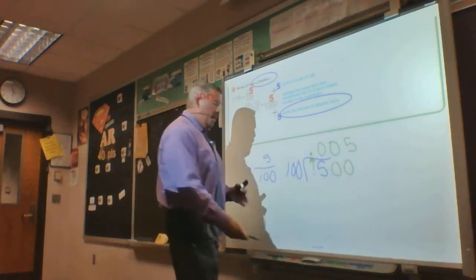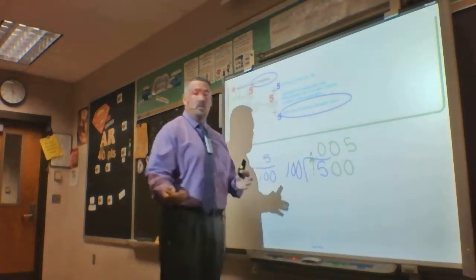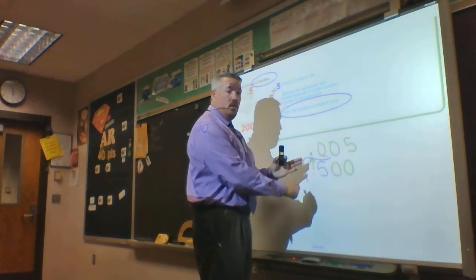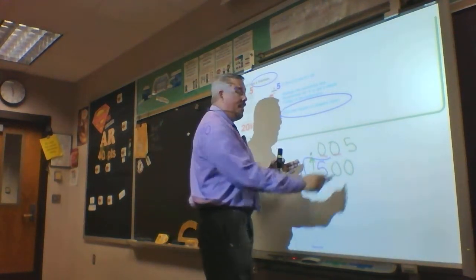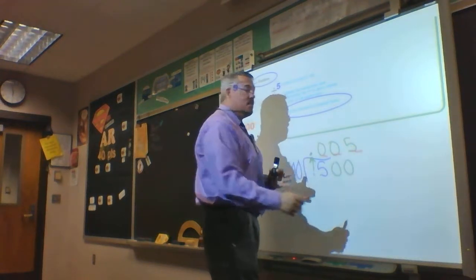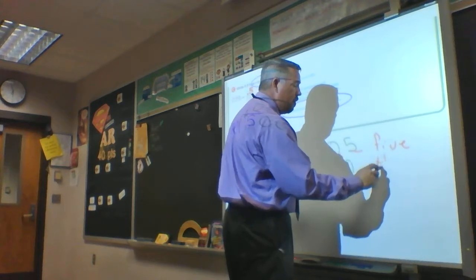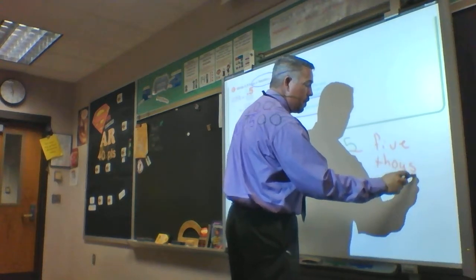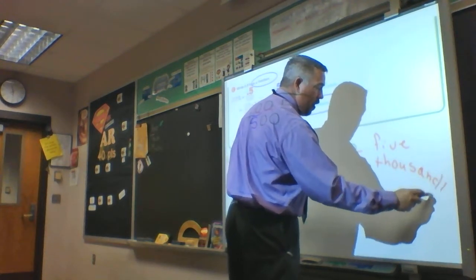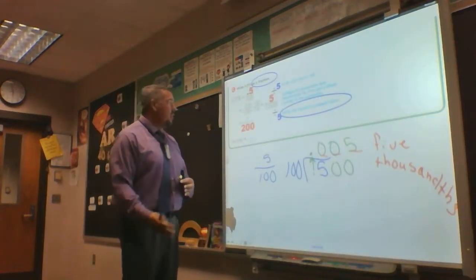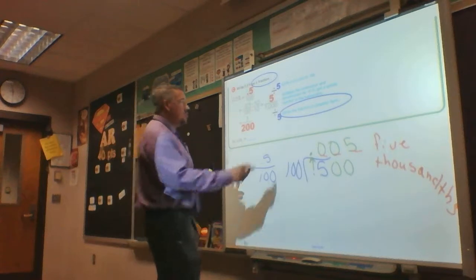Well, when it comes to my decimal point positions, once again, I start from my decimal point, and I have tenths, hundredths, thousandths. That is said, 5 thousandths. I'm going to run out of space. And so I write it in the fraction form of 5 1,000ths.